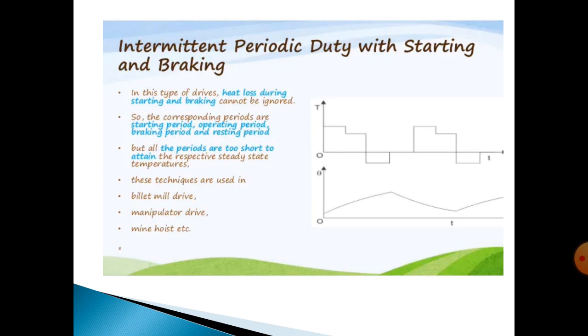This duty cycle consists of a period of starting, a period of operation at a constant load, a braking period with electrical braking, and a rest period, with the operating and rest periods being too short for the respective steady state temperatures to be attained. The applications are mine hoists, machine tool drives and suburban trains.